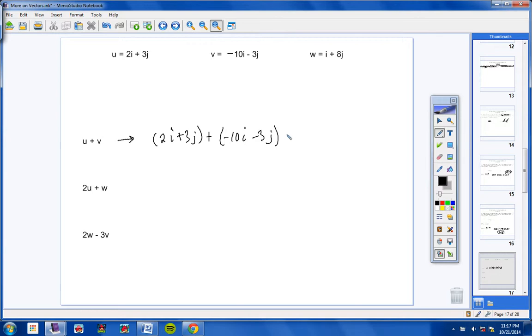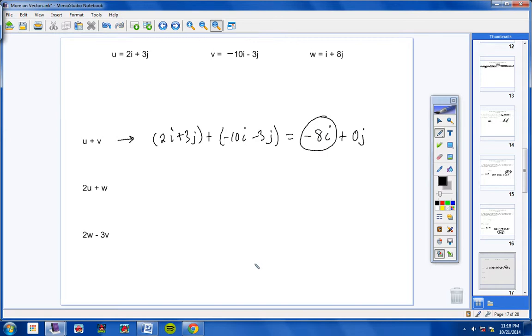So your answer would be 2i plus negative 10i, negative 8i, 3j plus negative 3j, 0j. And no, you do not have to put the 0j if you don't want to. So you can put this for an answer, or you can put this for an answer, okay?